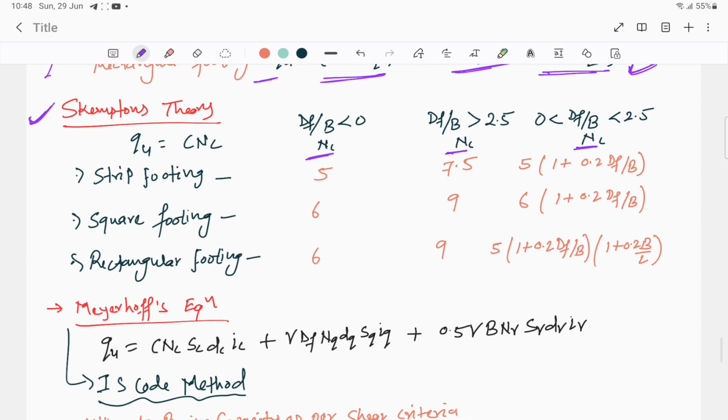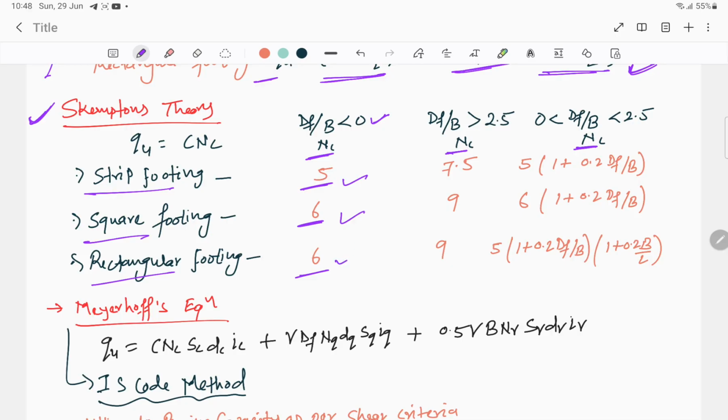So for Skempton, if depth by width of the footing is less than 0, then for strip footing its value is 5, and for square footing its value is 6, for rectangular footing its value is 6. So the minimum value of Nc for strip, square and rectangular footing is 5, 6 and 6.